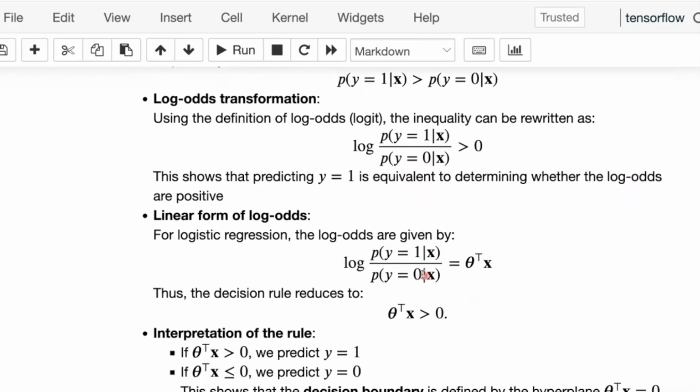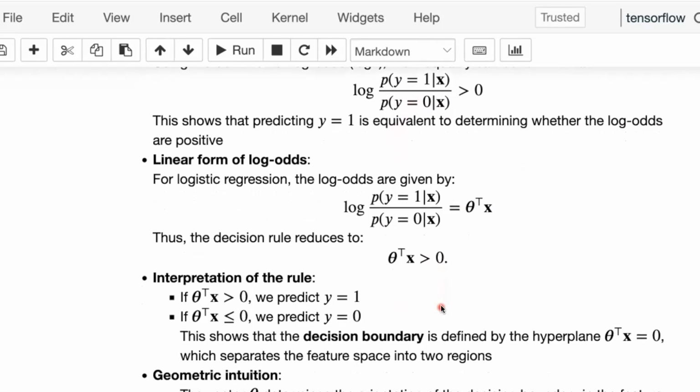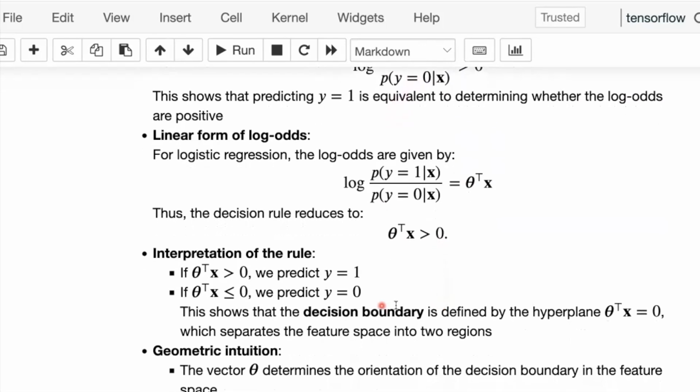And these log odds in the case of logistic regression, again, is what we call A. And A here is just this linear combination of theta and x. So overall, putting this back here, this means that if this inner product or dot product between theta and x is greater than 0, then we say that the label is 1. And that's exactly what we have here.